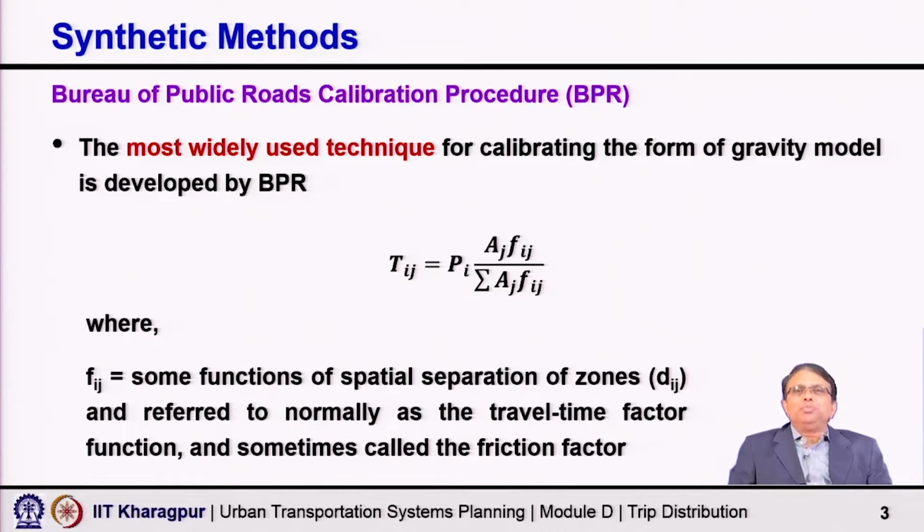Tij equals Pi times a fraction, that is, a fraction of Pi will go to a particular zone j. How much fraction will go? Aj Fij divided by the sum over all j of Aj Fij. That is the fraction that will go to a particular destination j. So, this is the basic model that will be used inside even during the calibration.